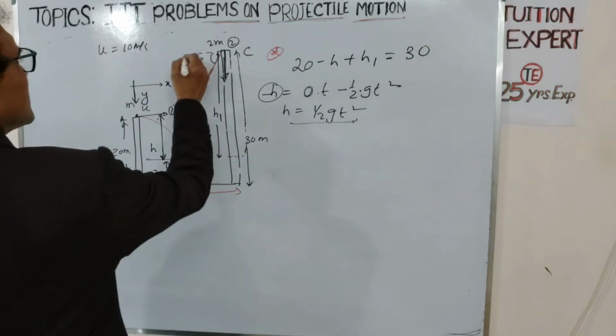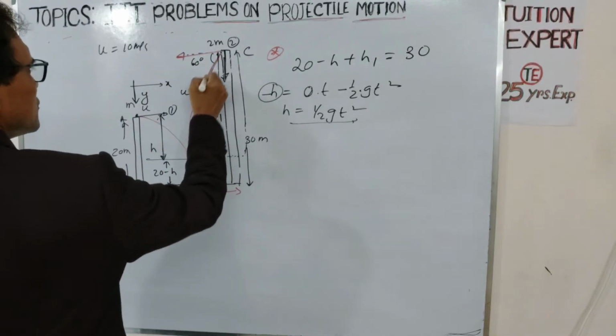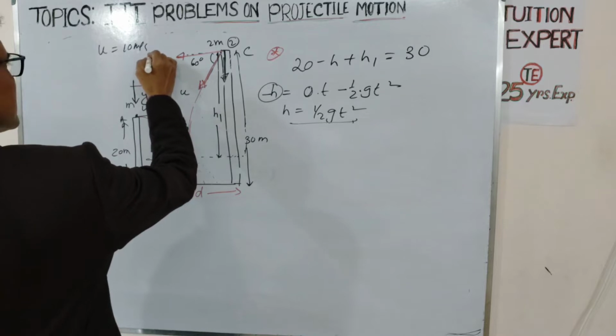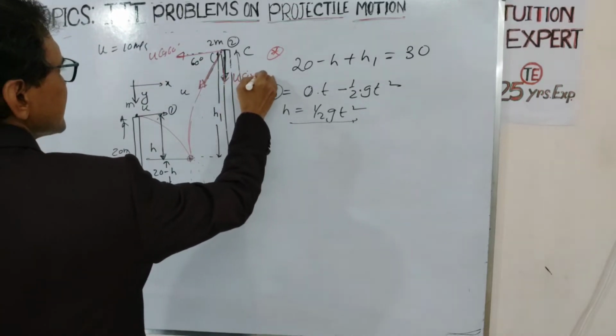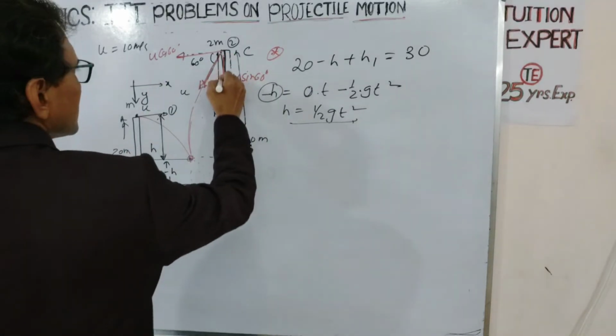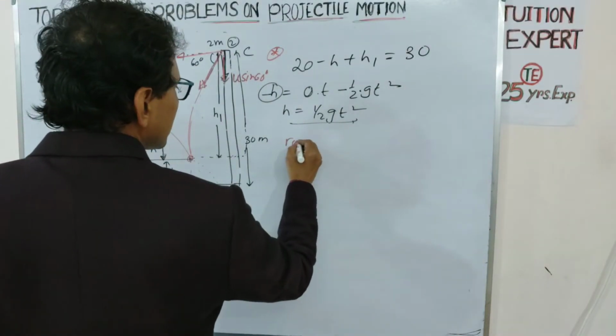Take this as u, so u cos 60 degree along this and u sin 60 degree along this, and u is 10.